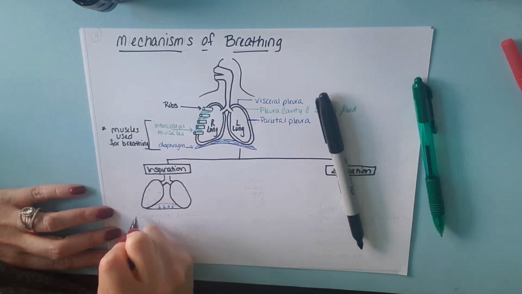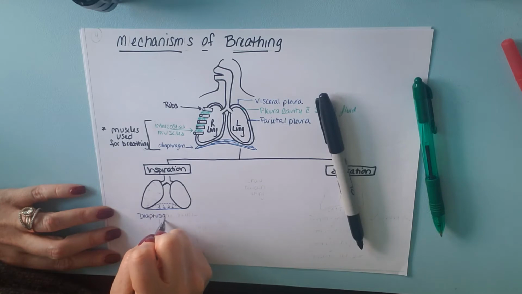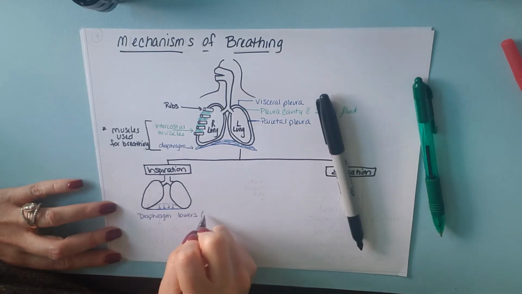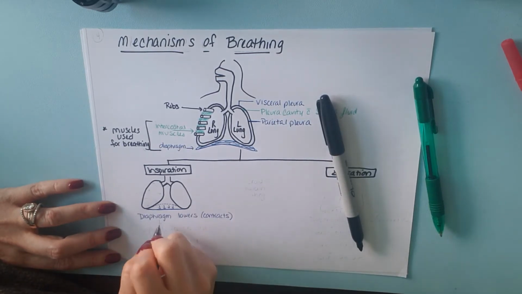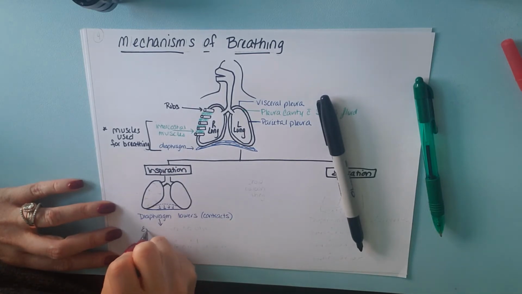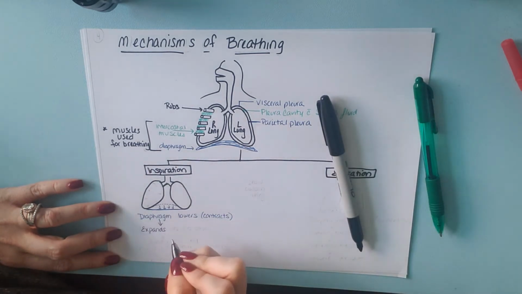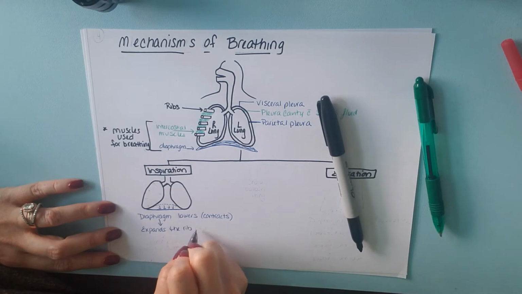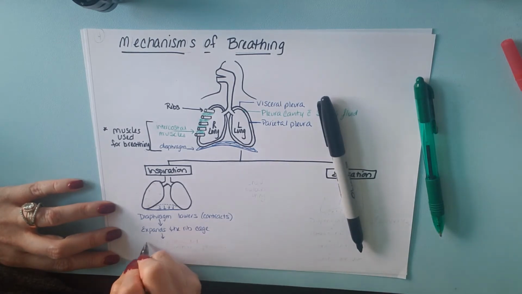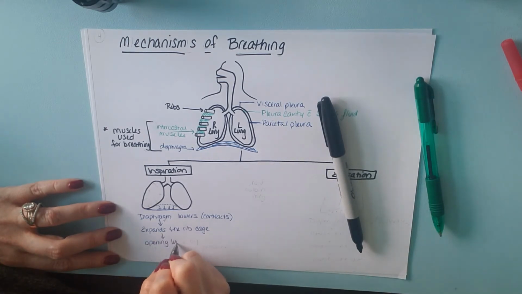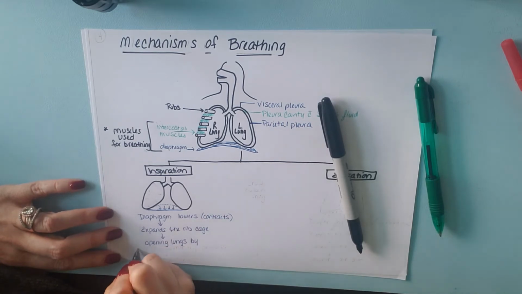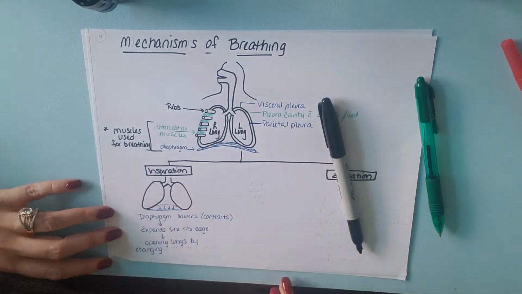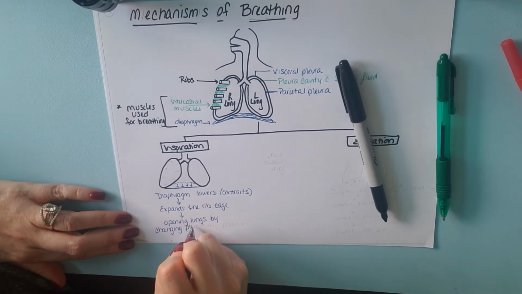The diaphragm lowers, which is contraction. It expands the rib cage. It opens the lungs by changing the pulmonary pressure, thus forcing air into the lungs.